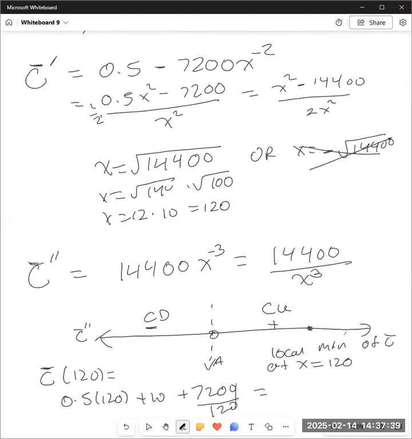That equals 60 plus 10 plus another 60, which is 130.